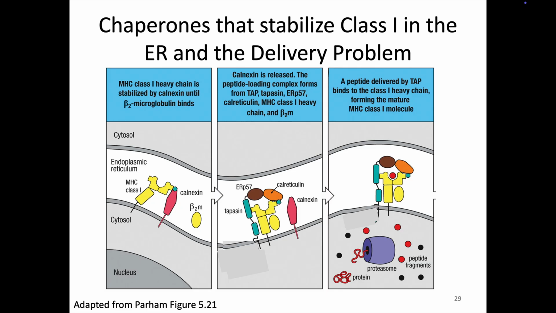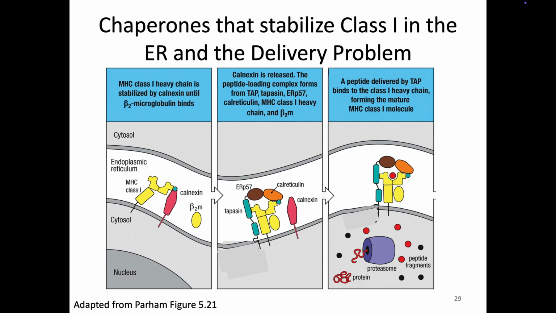The MHC class 1 protein is made in the endoplasmic reticulum because it needs to be presented on the surface eventually, presented outside of the cell. It is made without a peptide in the peptide binding cleft, which means it's not actually able to fold stably, because it needs a peptide to be stably folded.